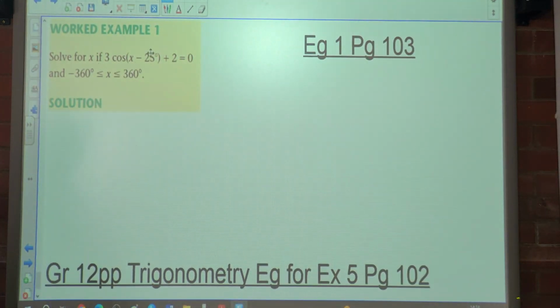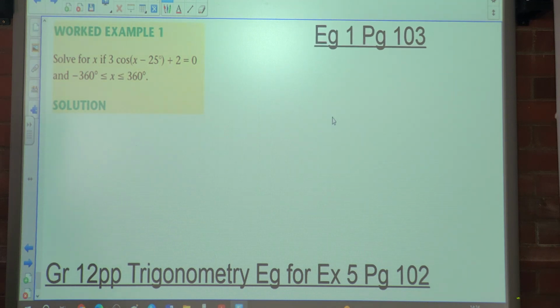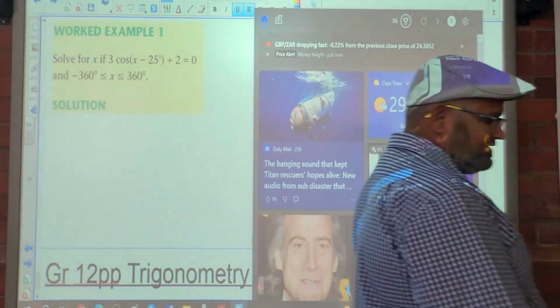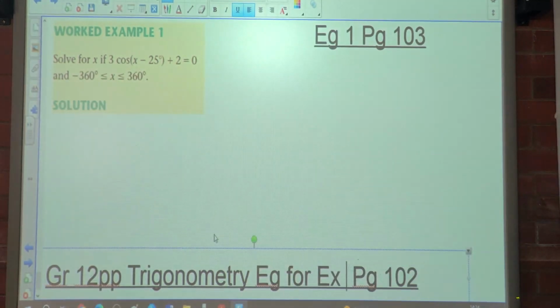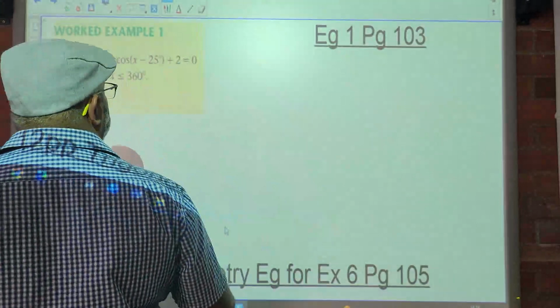So we have: solve for x if 3 cos(2x minus 25) plus 1 is equal to 0, and x is greater than or equal to negative 360 and less than or equal to 360. As they said, we're going to find the general solution first. This is the examples for exercise 6, and exercise 6 is on page 105. So where do we start?